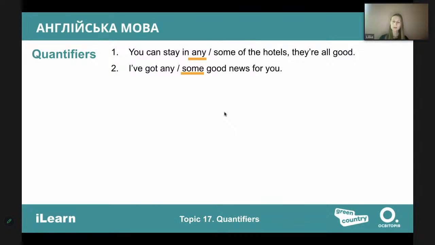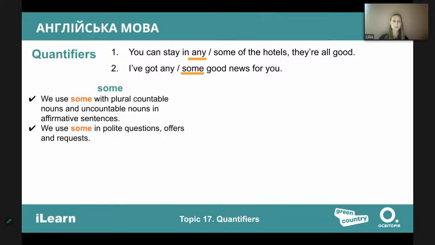So here you mean specific information, you just haven't clarified it yet. But it wouldn't be like some random information. You already have something on your mind, yeah? So it's some good news for you, okay? So again, we use some with both countable and uncountable nouns in affirmative sentences, у стверджувальних реченнях, and we use some in polite questions, offers, and requests.